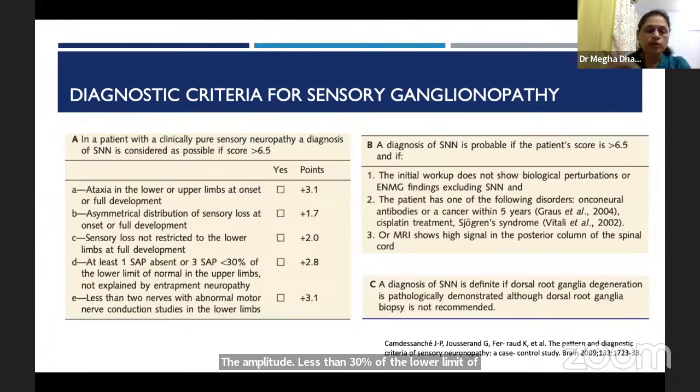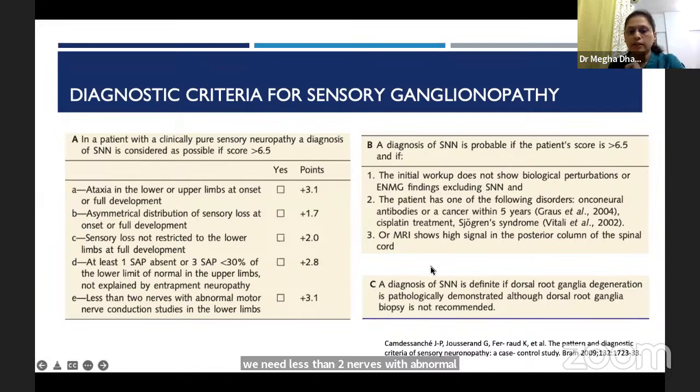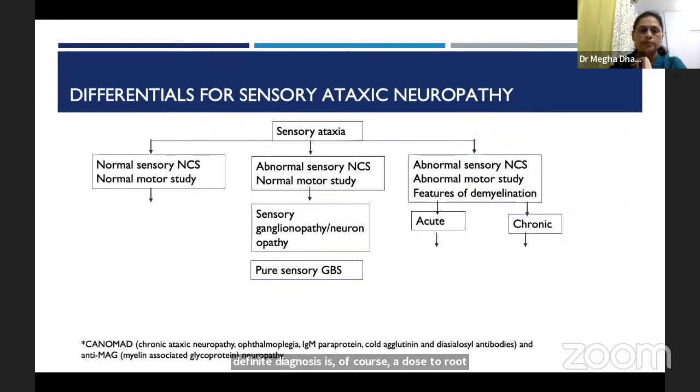And as far as motor abnormalities, we need less than 2 nerves with abnormal motor nerve conduction studies. And supportive criteria, presence of onconeural antibodies, cancer, cisplatin, Sjogren's syndrome, MRI abnormalities. A definite diagnosis is, of course, a dorsal root ganglia biopsy, but this is not recommended.